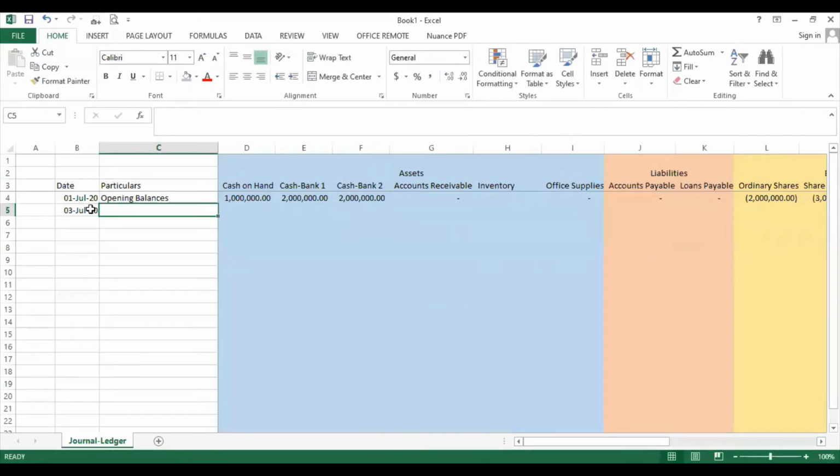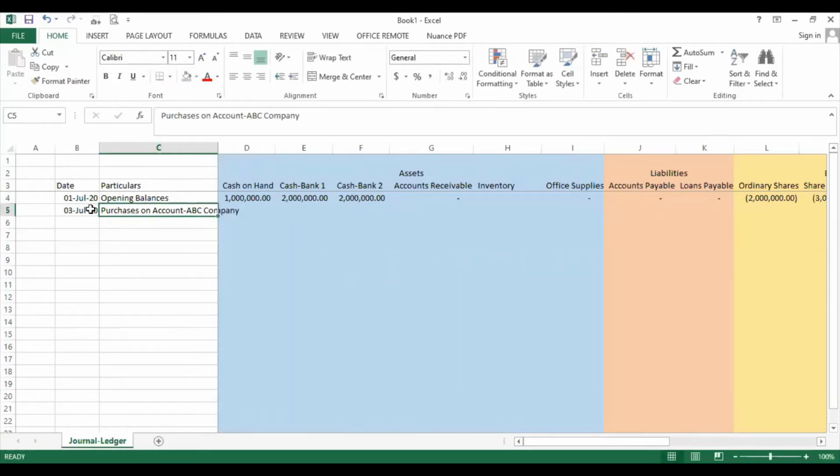Let's assume that on the 3rd of July, you purchase 2 million worth of inventory on account. So purchases, let's just say purchases on account. This is from ABC company, for example. Enter.